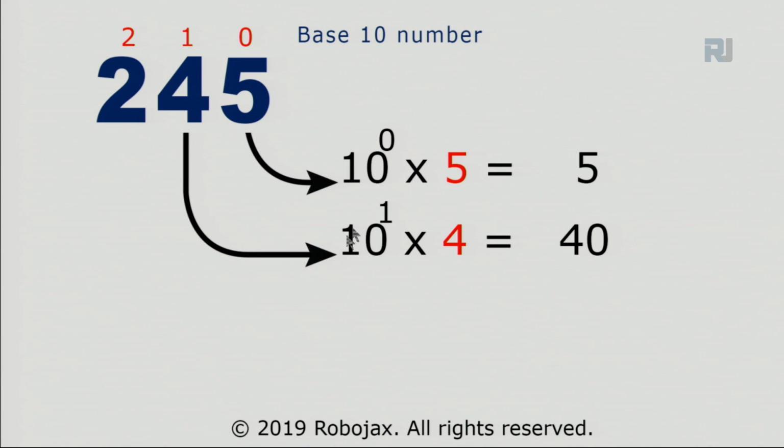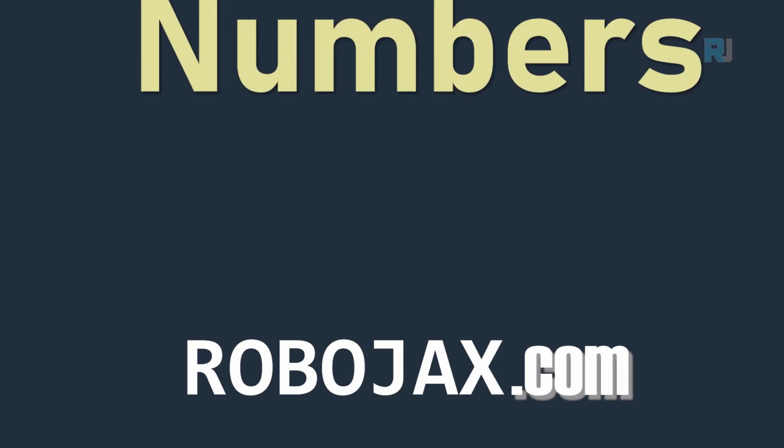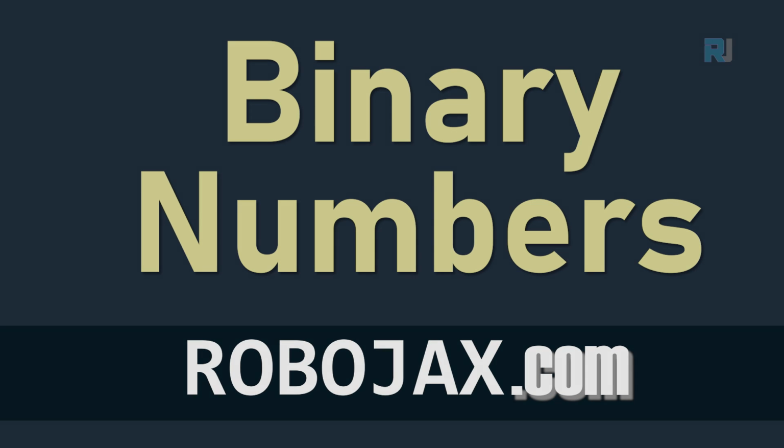Then 10 to the power 1, because this is the position of this one, is 10, times 4, because this is 4. That is 40. And then this is to the power 2, so 10 to the power 2 times the value 2 is 200. Now if we add them all together, this will be 245. That's why the value is 245.